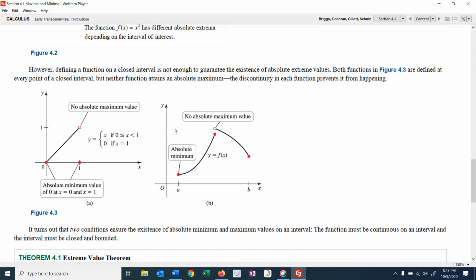You do not have an absolute maximum y value here because this function continues to creep up towards this y value. It will never reach it. So let's suppose this was equal to 7. The y value was 7. You can get to 6.9, you can get to 6.99, you can get to 6.999.